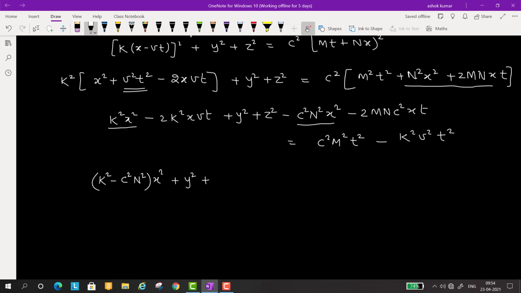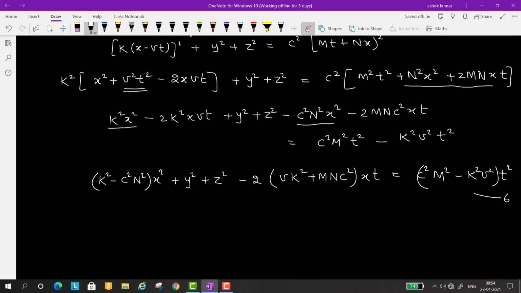Y square, z square, minus 2 vk square plus m n c square xt. It is equal to c square m square minus k square v square t square. We mark this as equation number 6.